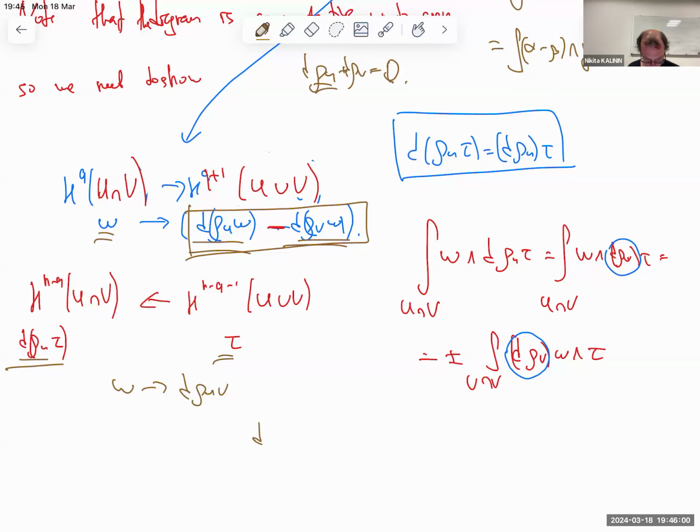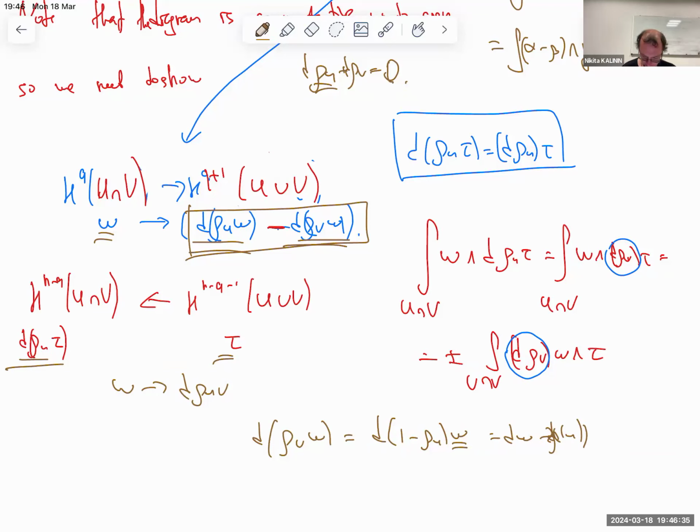Something strange. See, because when I have the integration, the form d omega disappeared because d omega is 0.